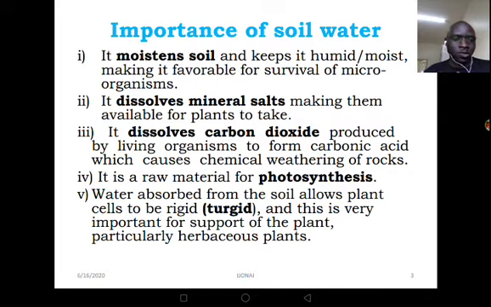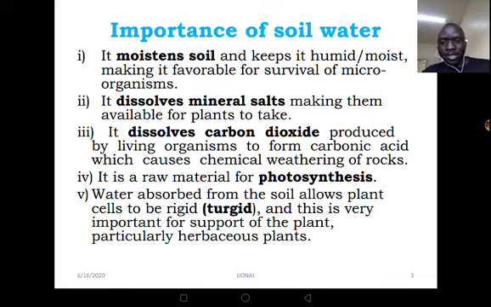One of the mineral salts that are very vital for plants is the nitrate salts. And these nitrates are used by plants for building plant proteins. For example, when you eat beans, peas, groundnuts, and so on, they are proteinous food. And these proteins come from the nitrates that are found in the soil. So water dissolves these nitrates, from which plants will absorb them.